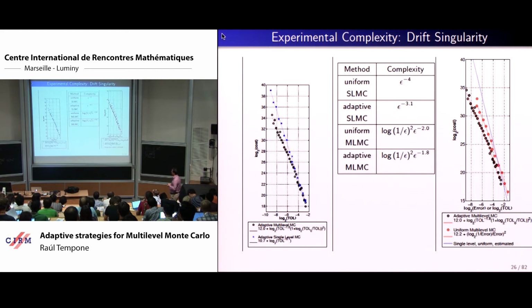Okay, so in this case you see an advantage from uniform to adaptive. You don't see much more of a difference between uniform multilevel Monte Carlo and adaptive multilevel Monte Carlo, because essentially this singularity is not strong enough to modify the strong rate.